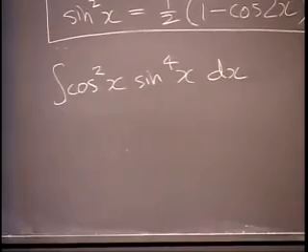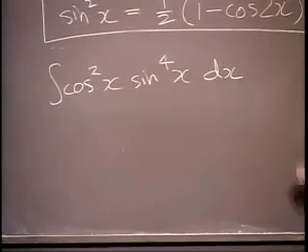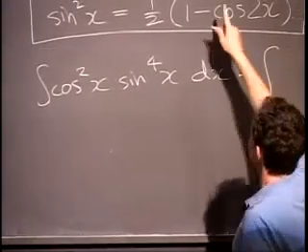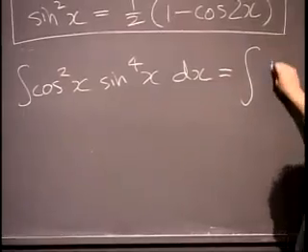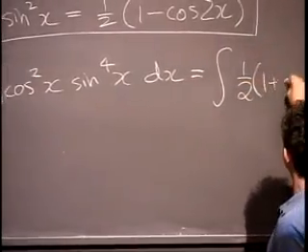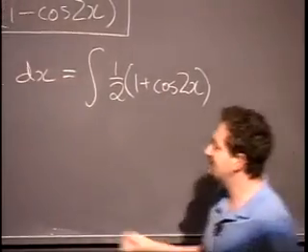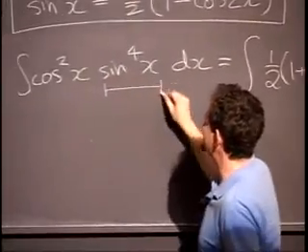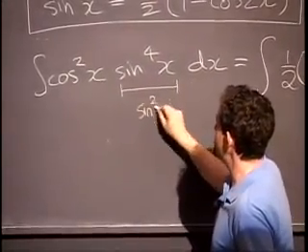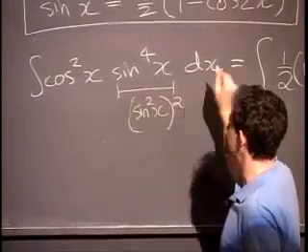So we'd better bust out the double angle formulas. According to these formulas up here, cosine squared x is 1/2 1 plus cosine 2x. However, I'm going to think of the sine to the 4th x as sine squared x all squared.